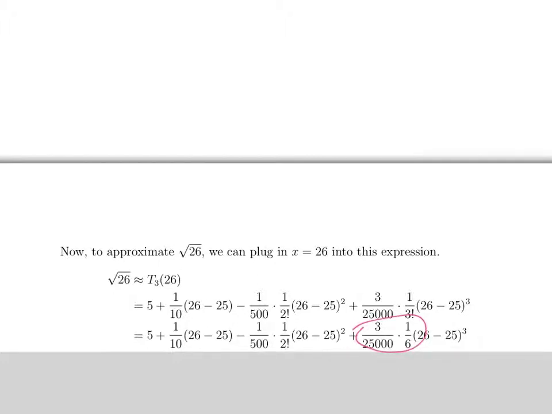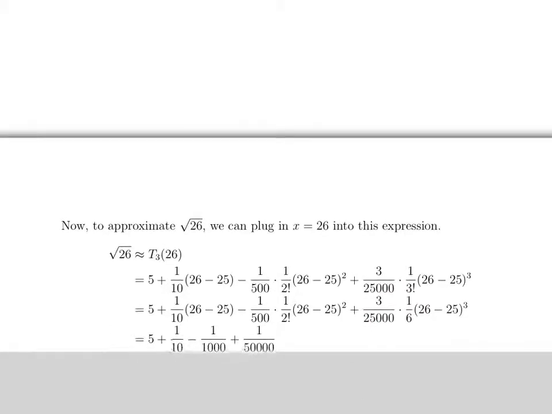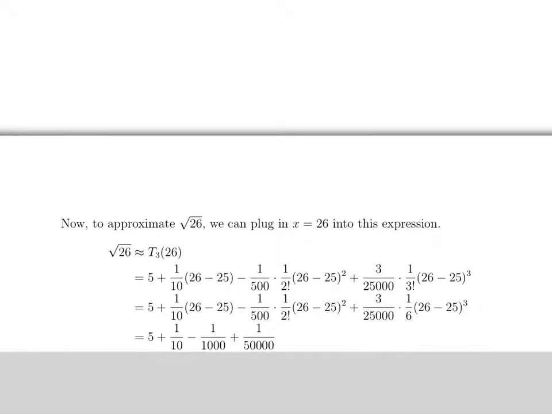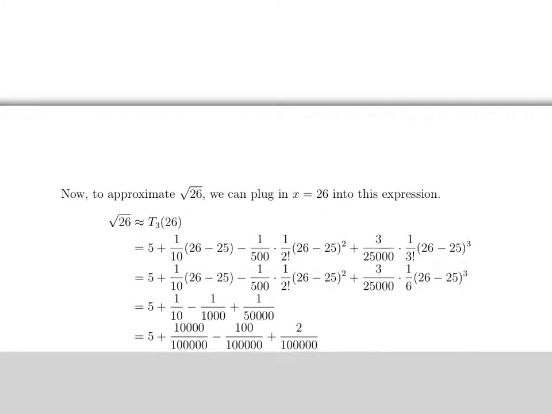If we work out all of that simplification, we'll get this here. For instance, in this piece, the 3 over 6 cancels to leave you with 1/2, and then 1/2 times 1 over 25,000 gives you 1 over 50,000. If we make a common denominator, the best common denominator to make is 10,000, so that we can write this as a decimal.